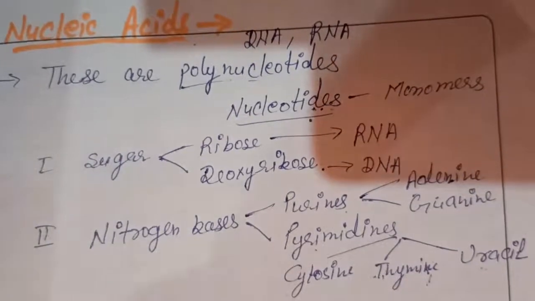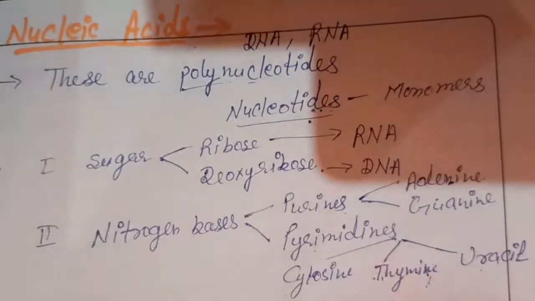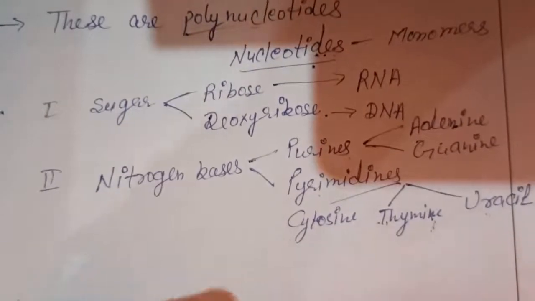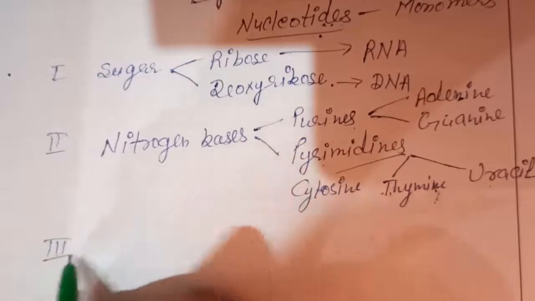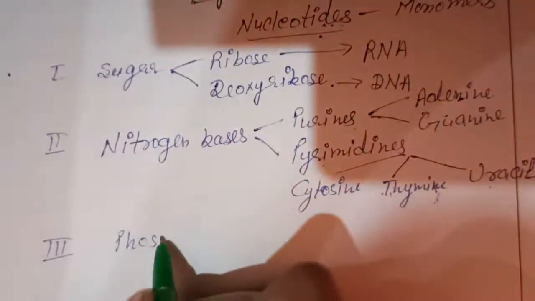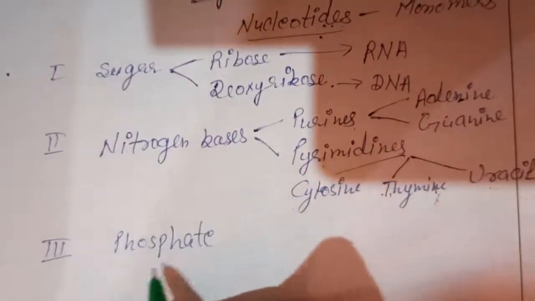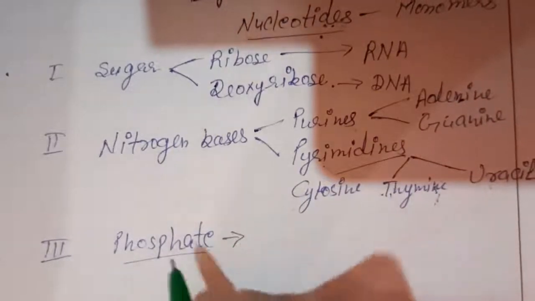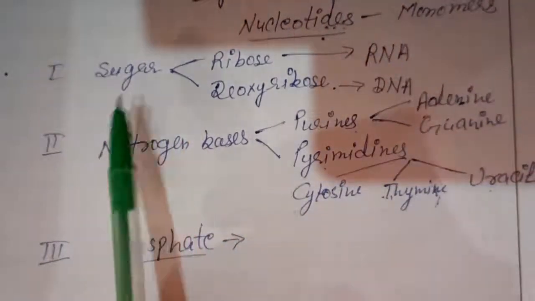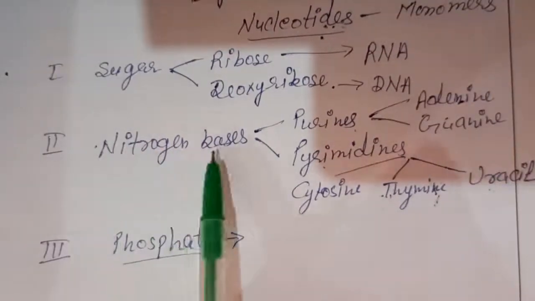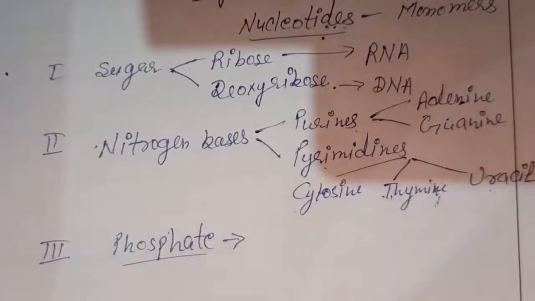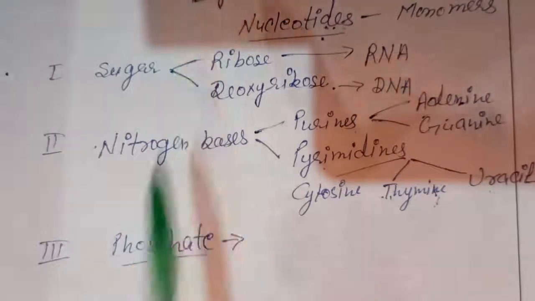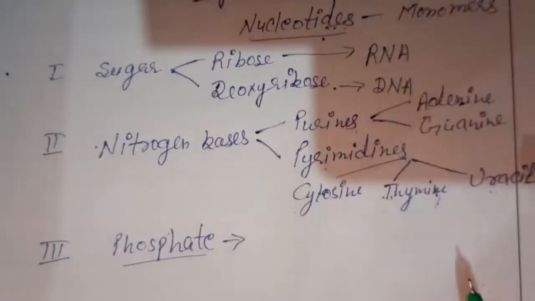Right, now the third component which is present in a nucleotide, that is phosphate. So all these components like sugar, nitrogen bases and phosphate, these combinedly make a nucleotide, and then the chain of nucleotide will form nucleic acid. These nucleic acids can be DNA or RNA.